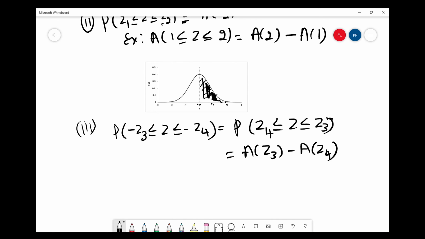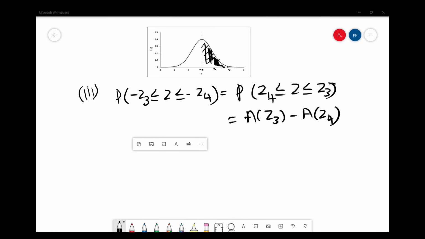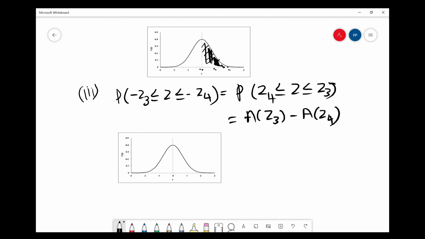Okay. So if you want to understand, I'll consider the graph again, the standard normal distribution curve. I'll take an example. Let us take the probability from minus 3 to minus 1.